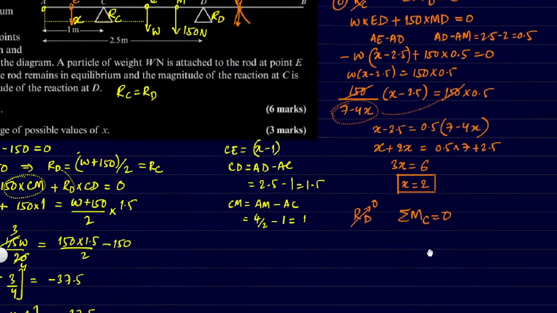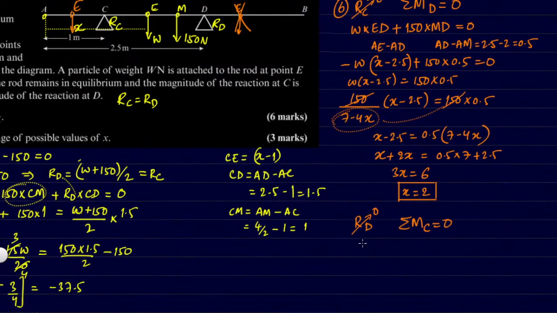When E point goes that side, again we have to take moment, but this time moment about C we have to take. So we will get 150 into CE. This is clockwise.